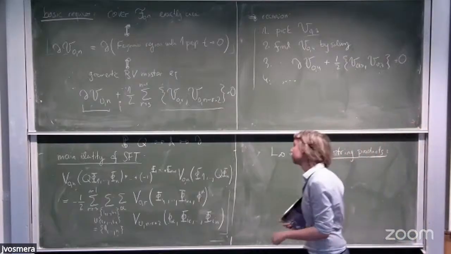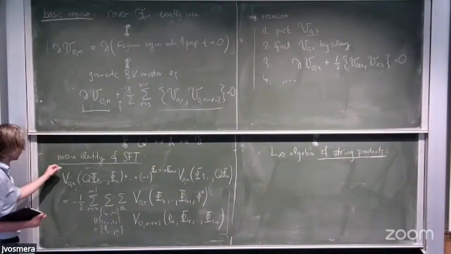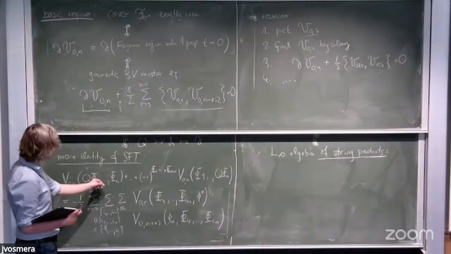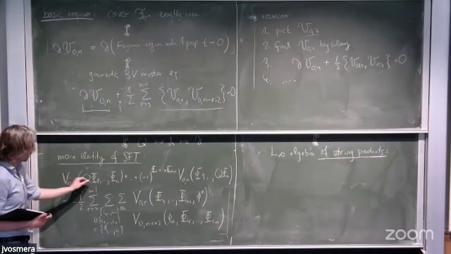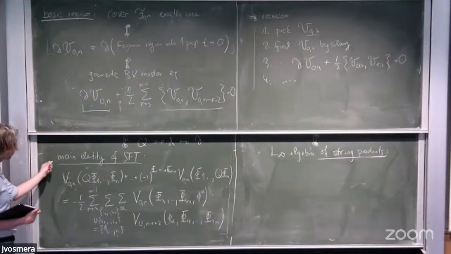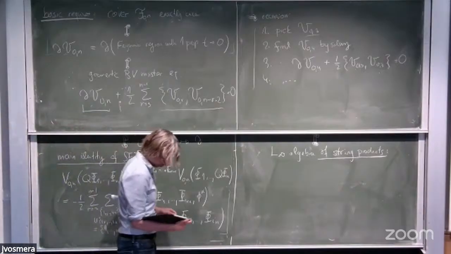So at this point, these vertices are just maps which take me from n copies of the string Hilbert space to, in principle, complex numbers, right?